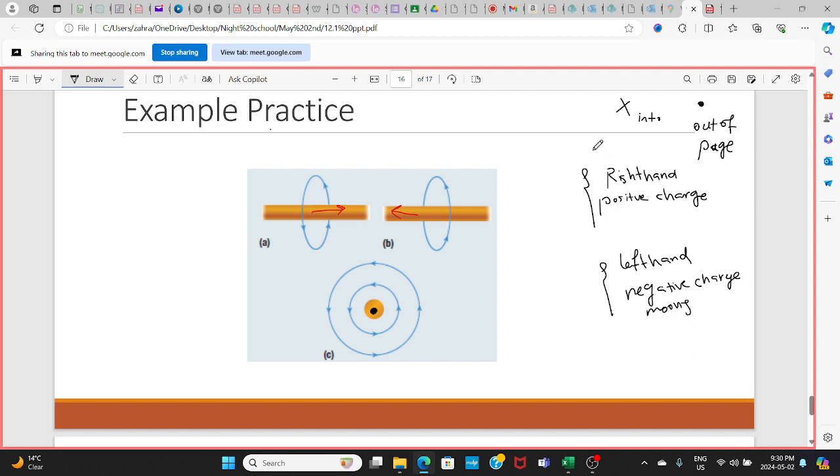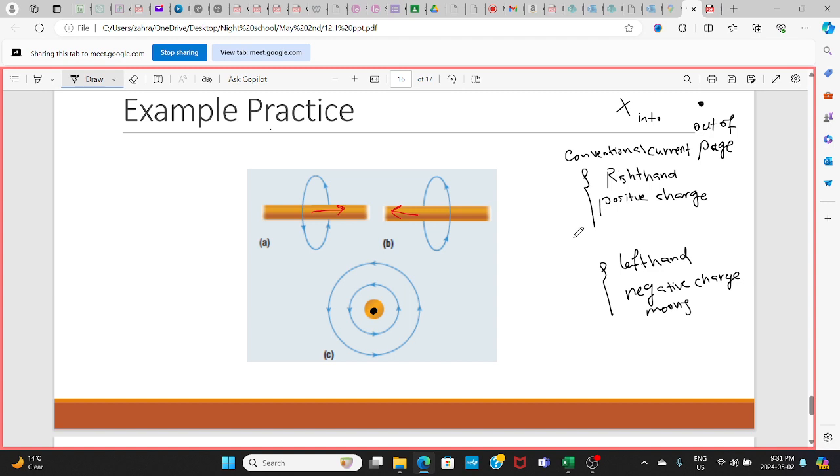With conventional current that we have in a wire, I always say that the positive charge is moving, right? Convention. Is it always given in the question? Yeah, you will get a wire and you know that the conventional current is positive, so the right hand rule. Otherwise, if the question says, hey, this is a negative charge moving in a magnetic field, then you use your left hand.